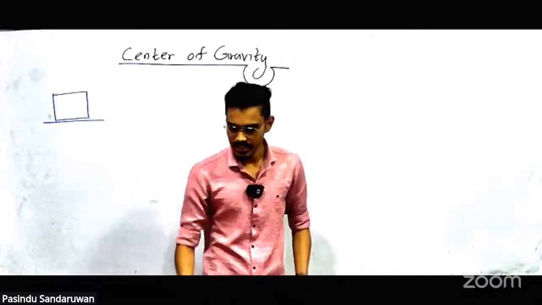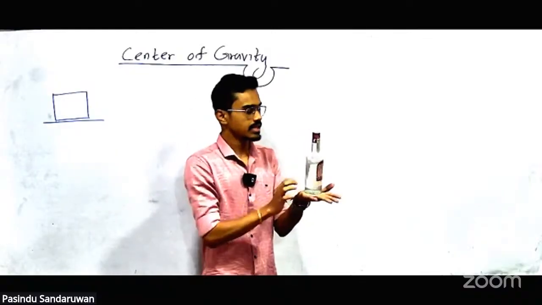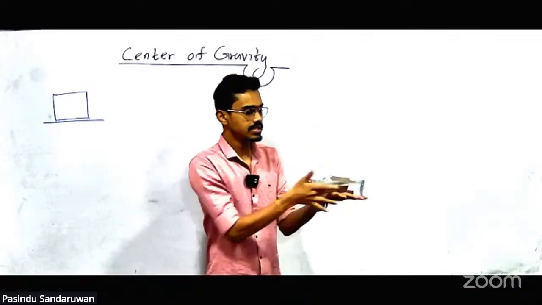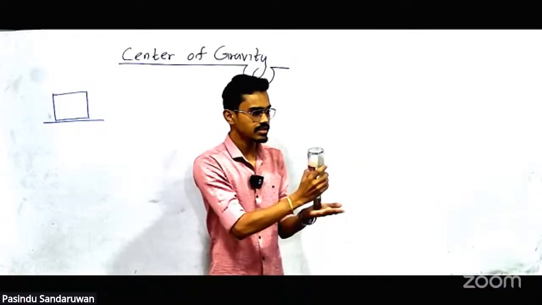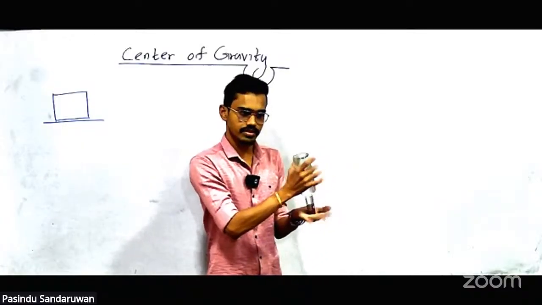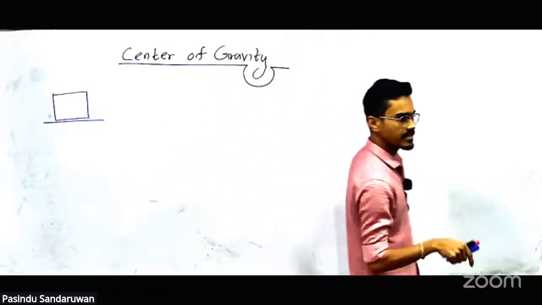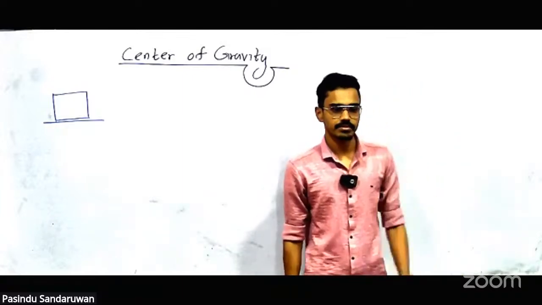Of this bottle, this circle is the supporter surface. If I keep it like this, the side becomes the supporter surface. If I keep it like this, the lid becomes the supporter surface. Likewise, the surface in contact with the object when it is in equilibrium is called the supporter.